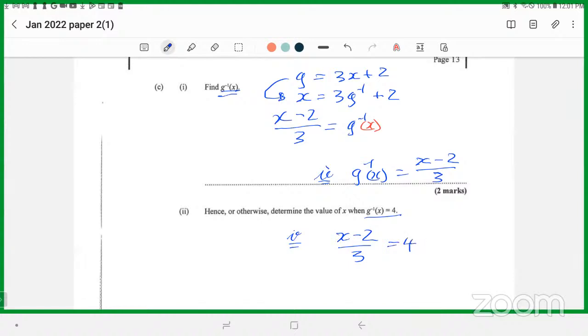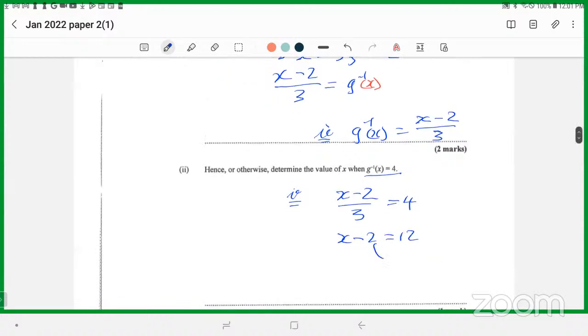That's what you're solving. You're trying to find the value of x. So we're going to multiply by 3 first and get x minus 2 equals 12. We're going to add 2 over here and get x equals 12 plus 2, x equals 14.